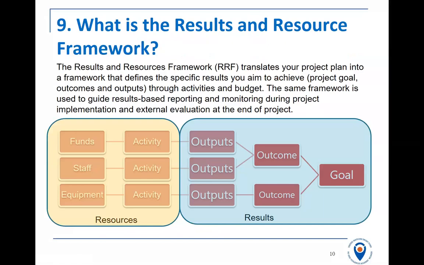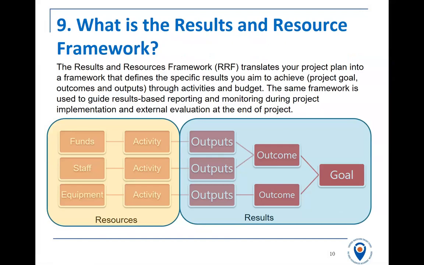So you may have a similar framework that you're using already for previous projects, and we hope that you're able to use our style of the framework quite easily. It might look a bit overwhelming at first glance, but we're going to try and break it down for you now. It has two sections. It has the resources side, which is the money and the activities, and it has the results side.